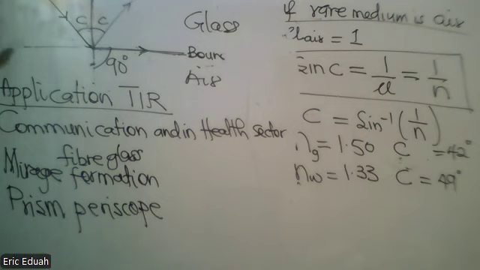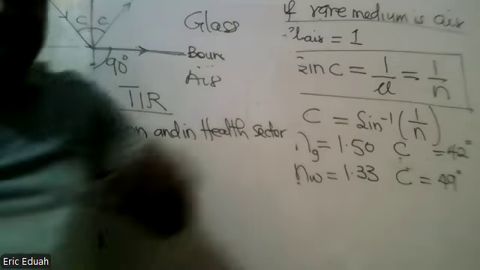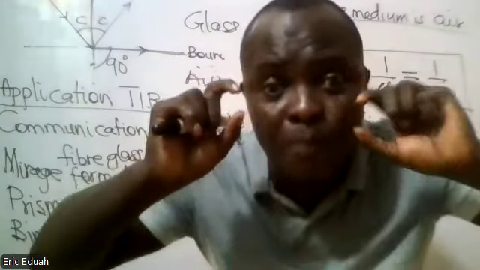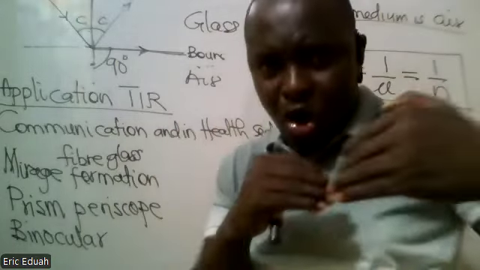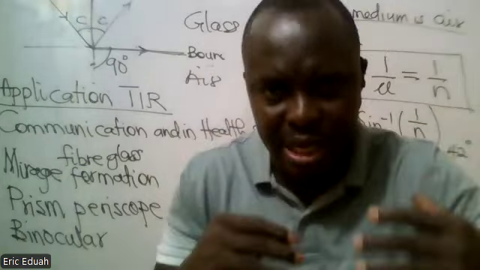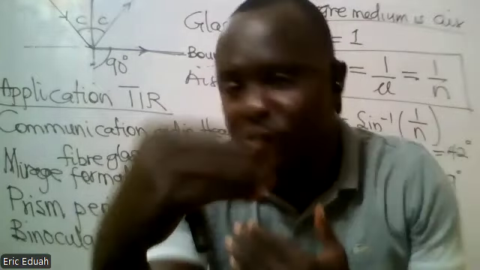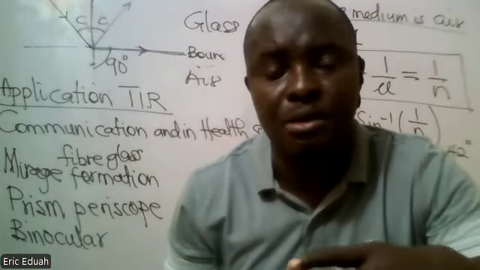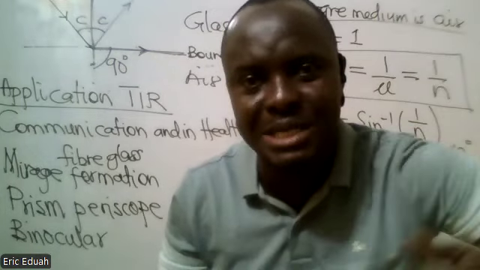The total internal reflection is also applied in binoculars. Binoculars are gadgets used to view objects at a closer distance, whereas telescopes are for long range.